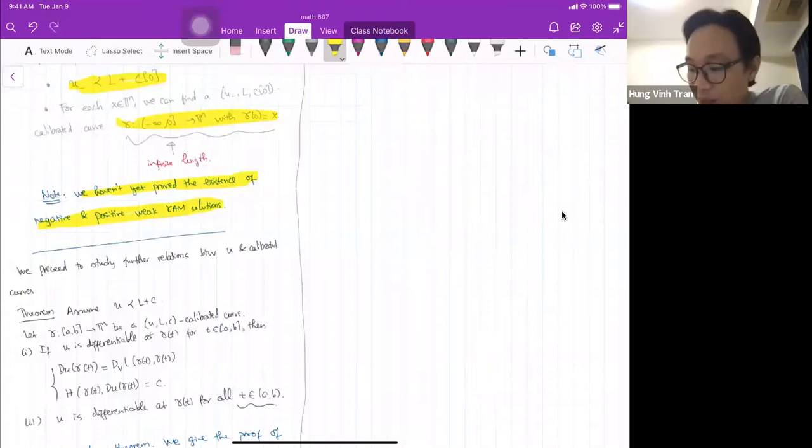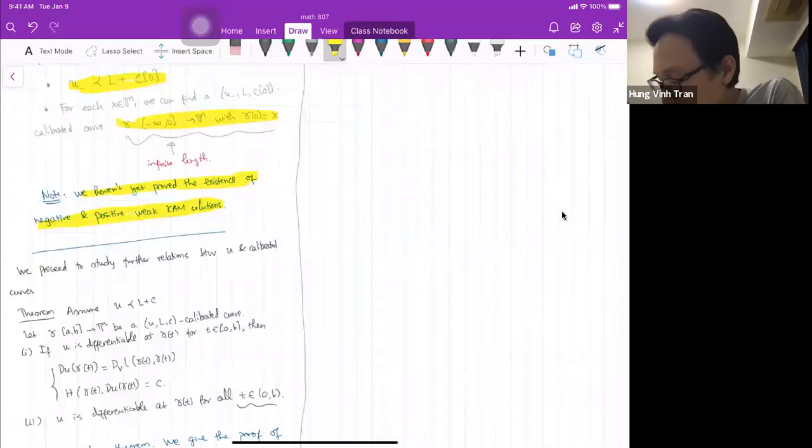So I'm just going to prove the first part, which is easier, and leave the second part. It's not too hard, but it takes some care to prove it. Okay. So what I'm going to do is the following general theorem about the relations between U and a calibrated curve.